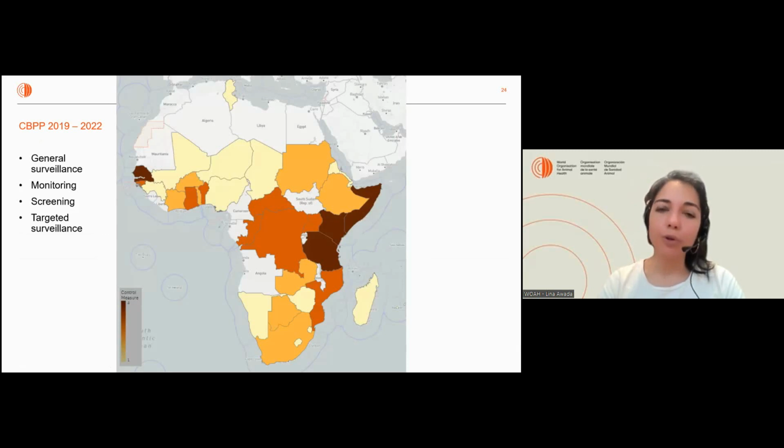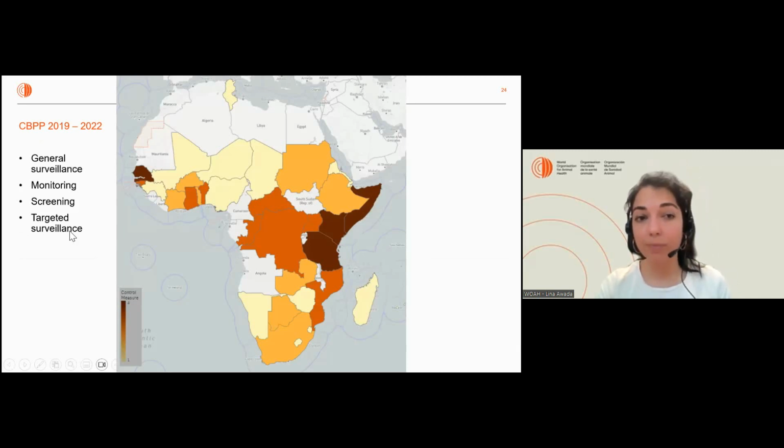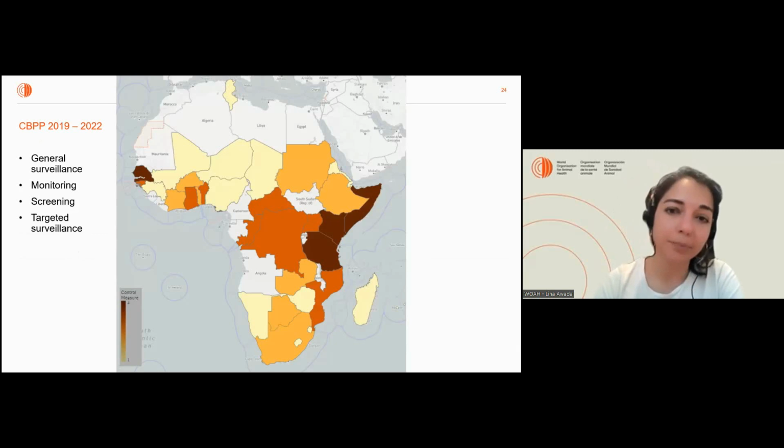Of course, everything has to be put in context with the surveillance implemented in countries. So here, these maps are showing the actual surveillance measures that are reported by countries through WAHIS, focusing on the period since 2019.